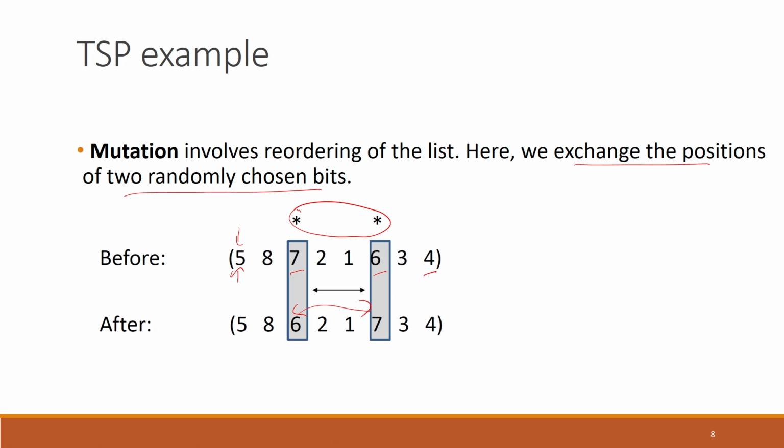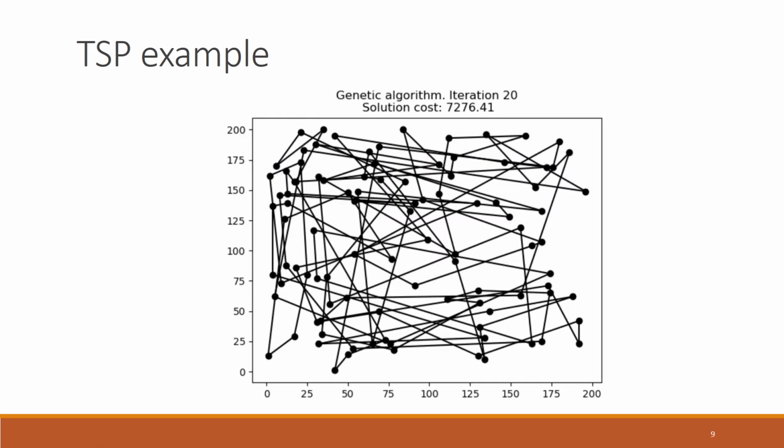Okay. So this is a graph which is showing how the solution of the traveling salesman evolves as some iterations pass. So this has been obtained when someone had solved the traveling salesman problem using a genetic algorithm. So here this is the picture for iteration 20.